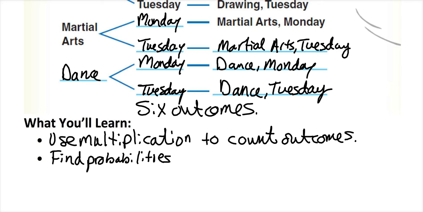Okay? And part of that multiplication does go into finding it with probabilities. So we'll use multiplication to find probabilities, but just writing find probabilities will be fine.